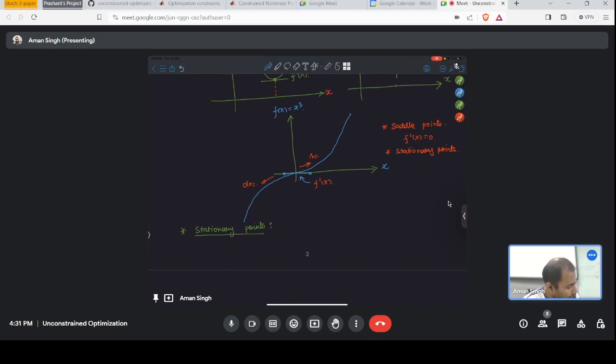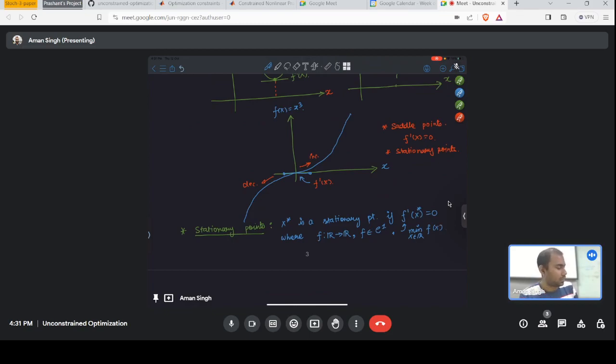So x star is a stationary point if f dash x star is equal to 0, where f is a one-dimensional real-valued function and it's continuously differentiable. And this problem we are considering for unconstrained optimization.